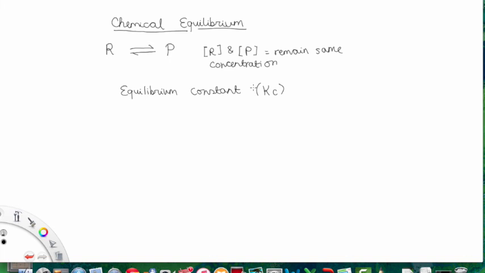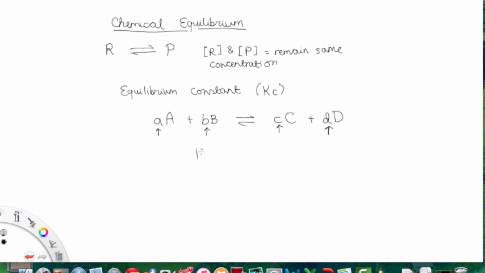If we have a reaction at equilibrium, such as aA plus bB goes to cC plus dD, whatever these molecules or compounds are, where these small alphabetical values a, b, c, and d are the stoichiometric coefficients of the balanced reaction. So it's a number showing how many of each different entity you have.